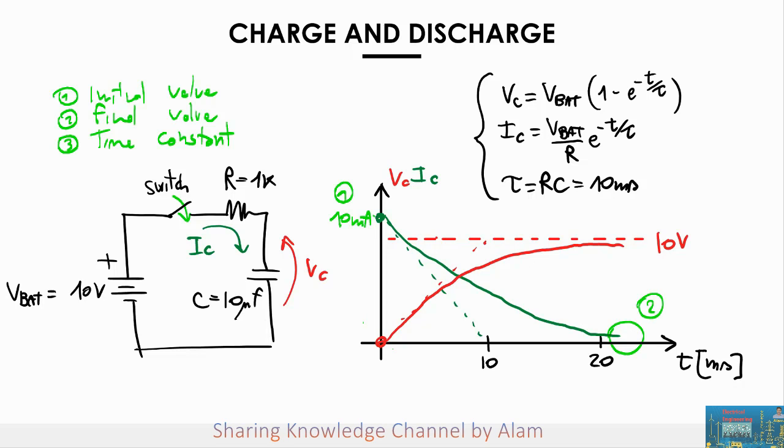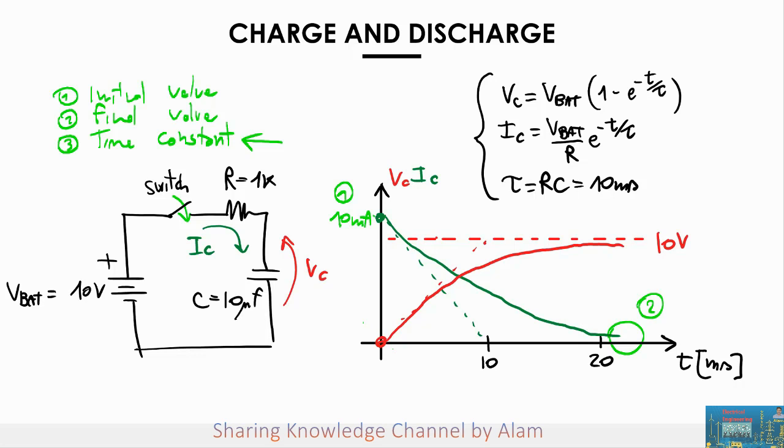The question is now, what is the time constant and how do I calculate it? Well, the time constant is really important for an exponential because it gives you an idea of the speed at which the exponential evolves. If you only have point 1 and point 2 and you have to draw an exponential, you are in trouble because there are infinite exponentials that you could represent.